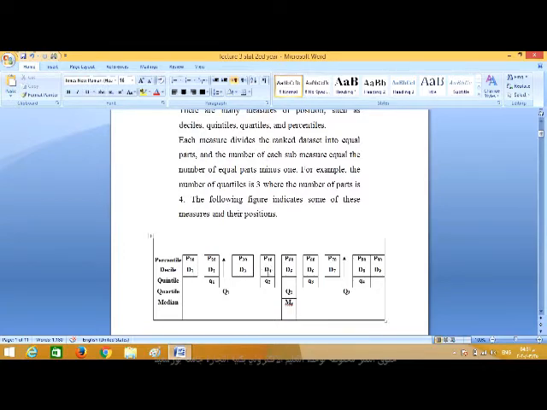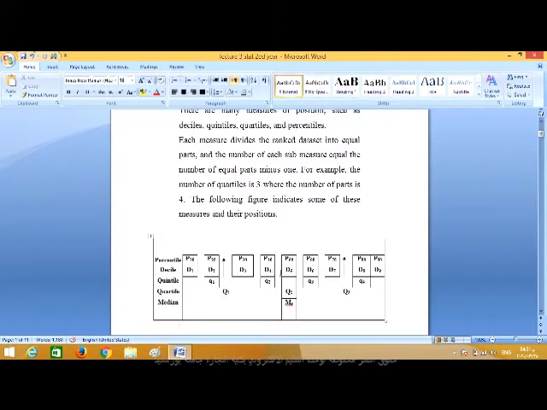Also, D4 looks like small q2. So the fourth decile equals the second quintile, where there are 40% less than and 60% greater than.